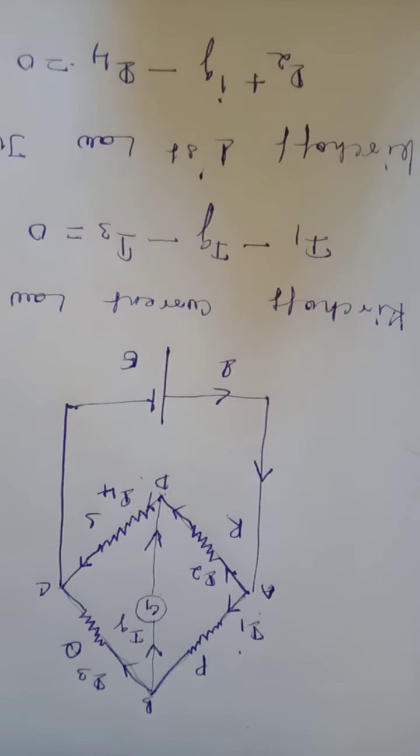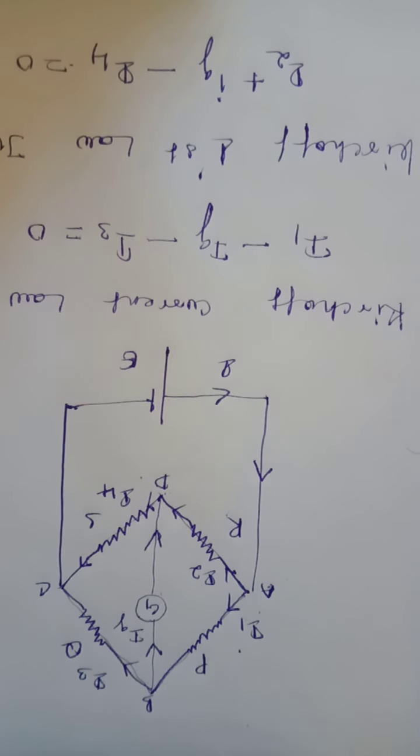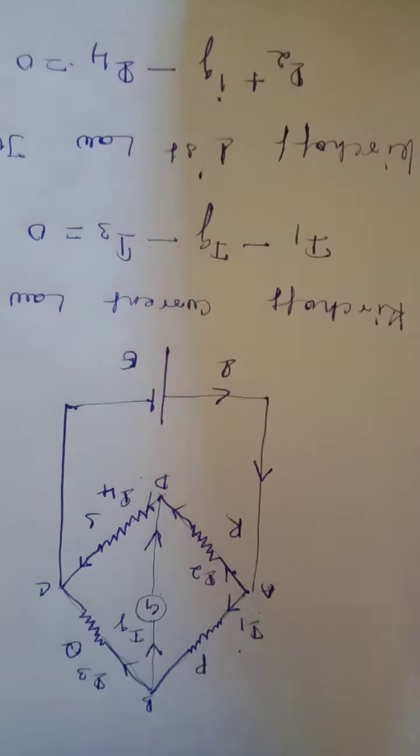First, I1P plus I3Q minus I4S minus I2R is equal to 0.